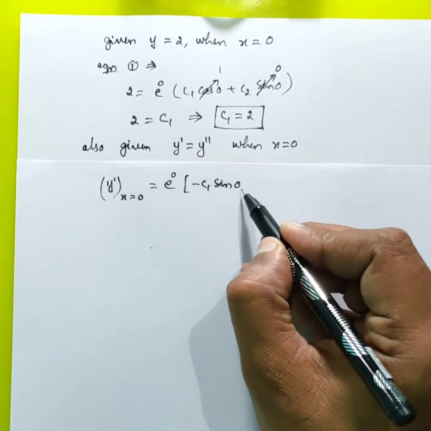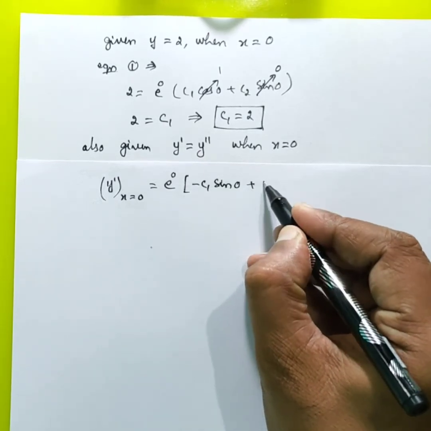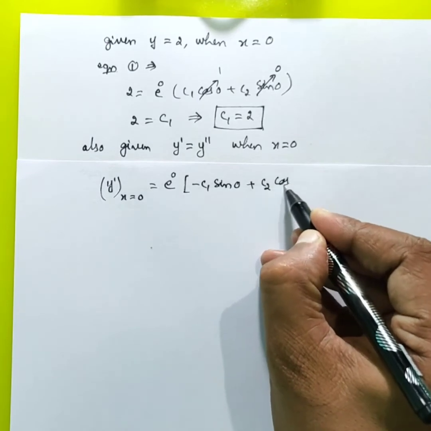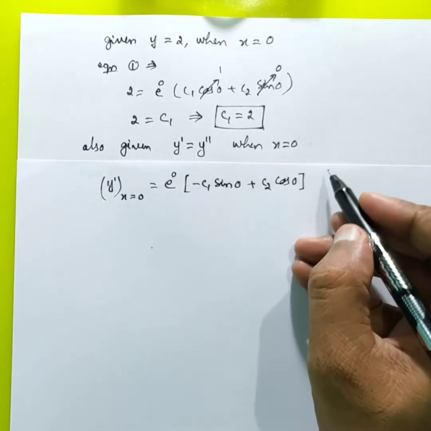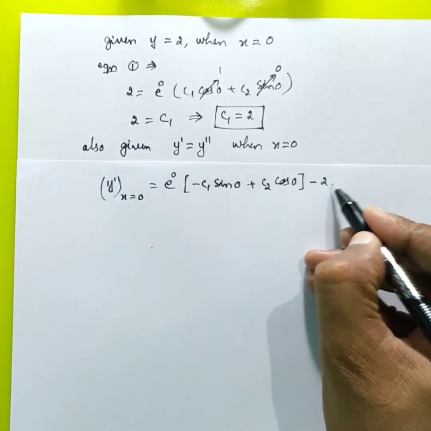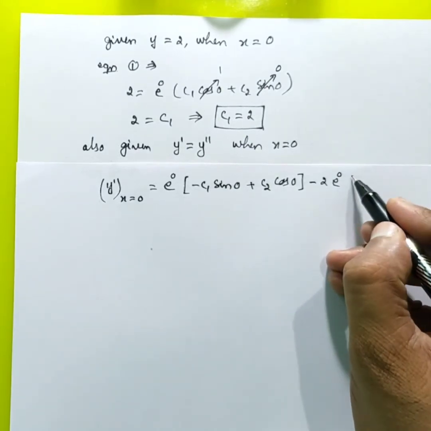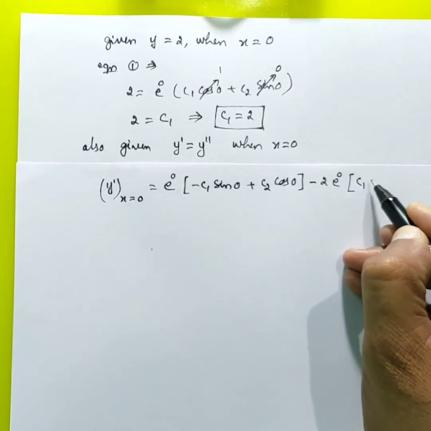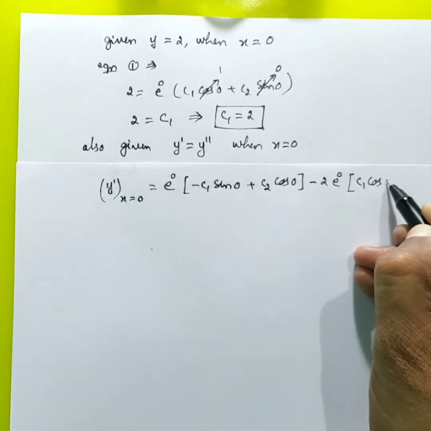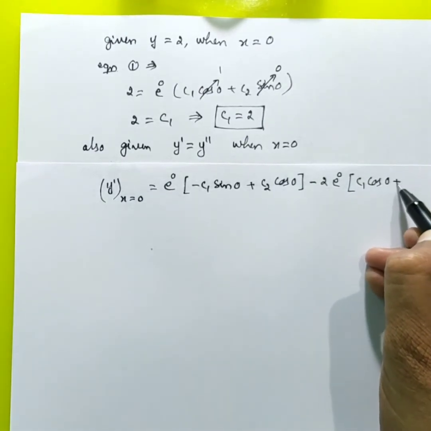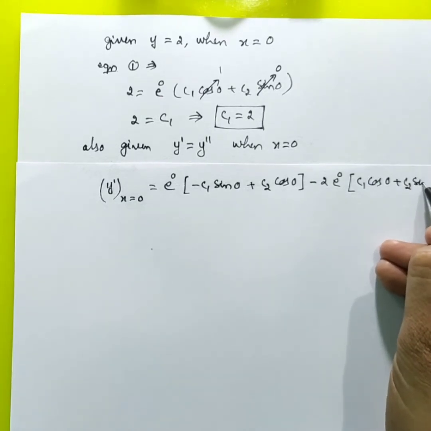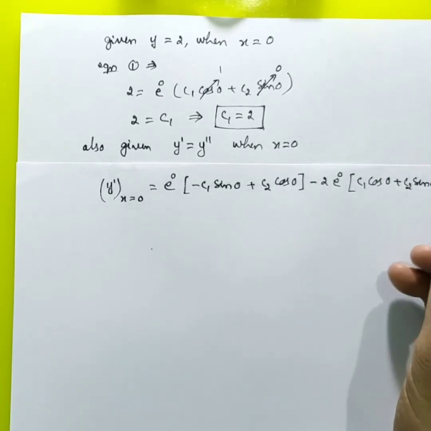So c1 sin of x plus it is c2 cos of x, x value is 0. Then you have minus 2 times of e power of minus 2x, x value is 0, into you get c1 cos of x, cos x value is 0, plus you have c2 sin of x, x value is 0.